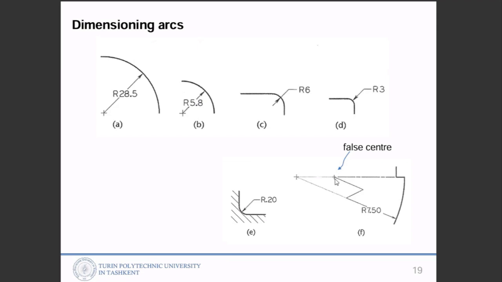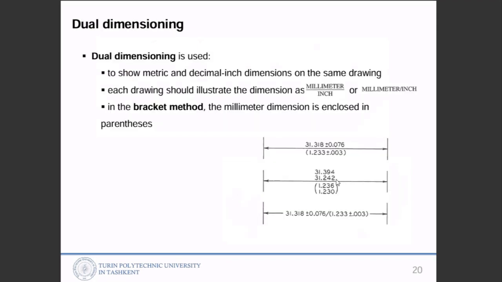You can put the center somewhere, then bend the line like this and draw it. So bend it and right here 7.5. That means radius, and that means false center. The radius is like this, but the real center is not here. It's somewhere over here, but we don't have a place to draw it. So that's called a false center.